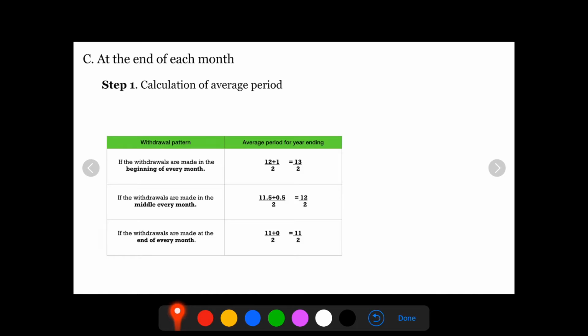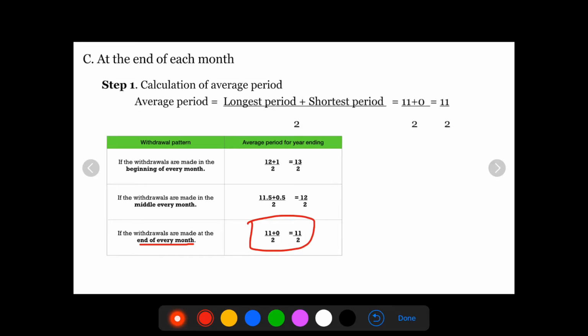If the withdrawal happens at the end of each month, average period is equal to longest period plus shortest period divided by 2, which is equal to 11 plus 0 divided by 2, equal to 11 by 2. Again, you see the chart is very helpful. You can directly take the information and post it for your average period.